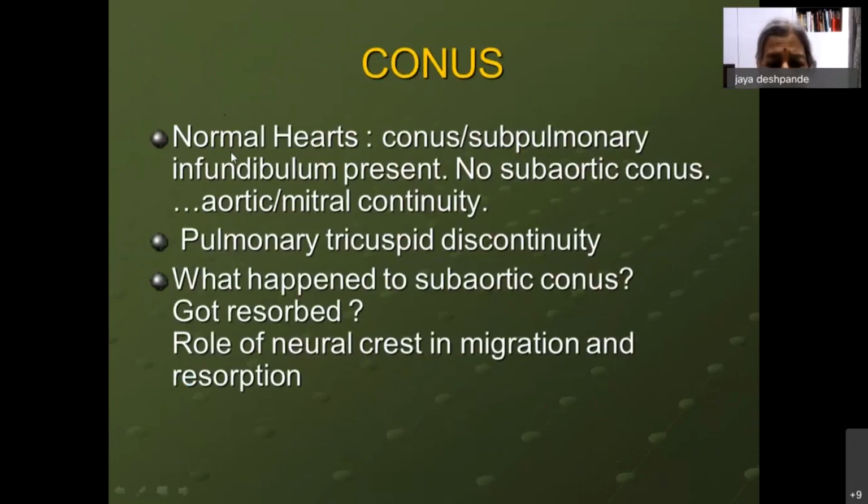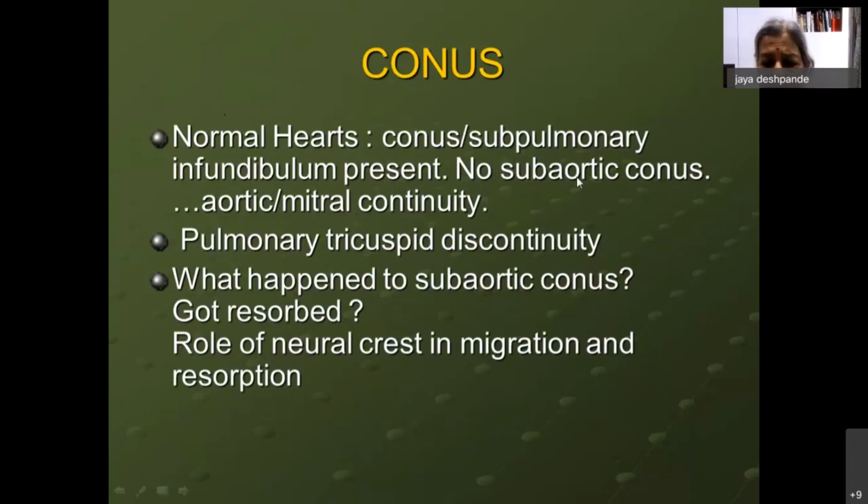Now, in normal hearts, you have a subpulmonary infundibulum present, or a conus present. However, there is no subaortic conus and there is aortic mitral continuity because of the absence of subaortic conus. And because of the presence of subpulmonary infundibulum, you have pulmonary tricuspid discontinuity.